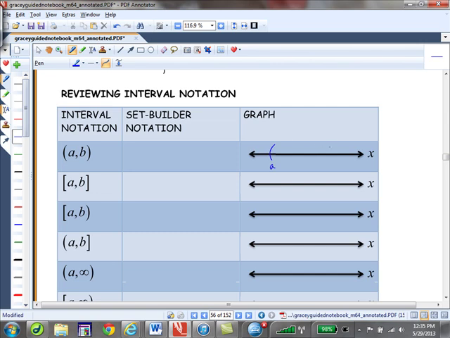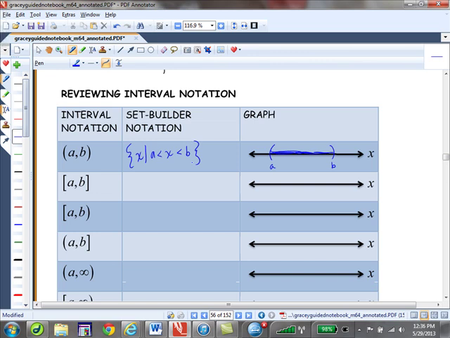So this would be your A, this would be your B. All the numbers in between would be included. And your set builder notation would be x such that A is less than x, which is less than B. Now notice on the graph, instead of the parentheses, you end up with an open circle.